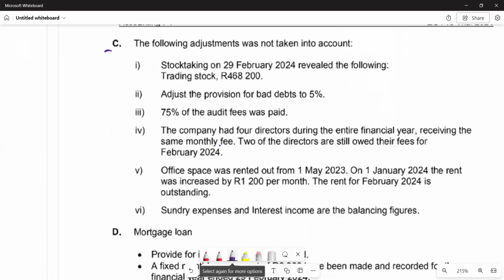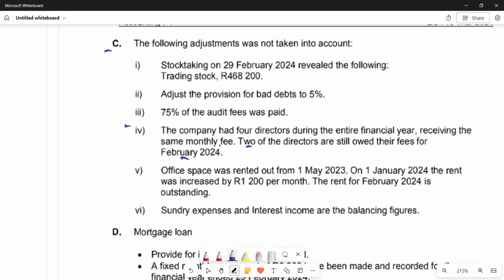Information 4 is saying the company had 4 directors during the entire financial year, receiving the same monthly fee. 2 of the directors are still owed their fees for February 2024. So we have 2 directors still owed their fees for only 1 month.